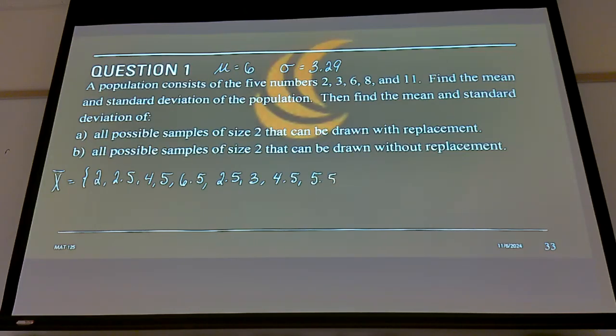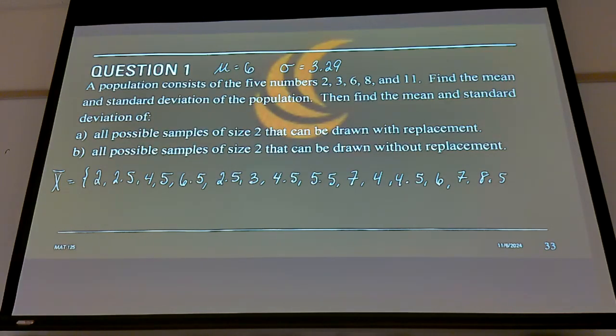Then it's 4, 4 and a half, 6, 7, 8 and a half. Now you're just picking your two numbers, adding and dividing by 2. That's the mean.